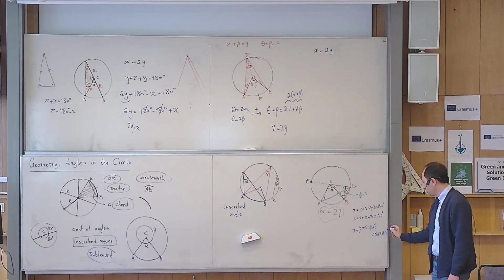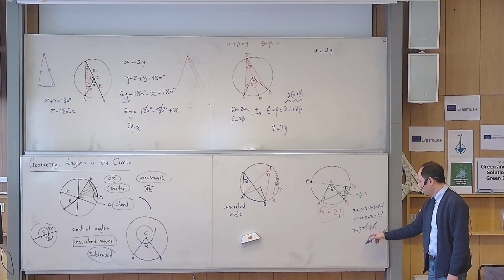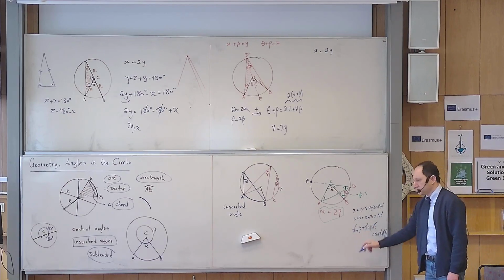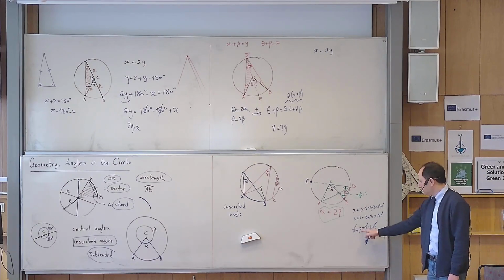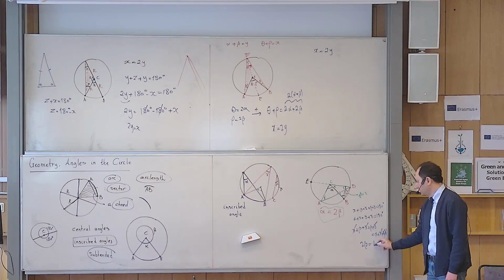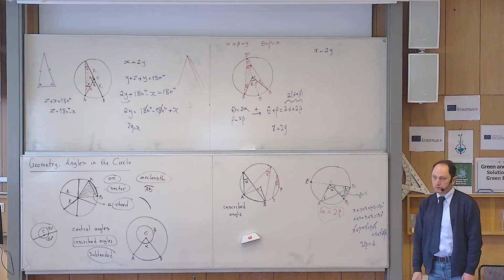But then you see this gamma moves to the other side and cancels this gamma. This gamma moves to the other side, cancels this gamma. X from this side moves to the other side, cancels that x. And then what is left? 2 beta, and 2 beta. What is left on the right? Alpha. And that was correct.